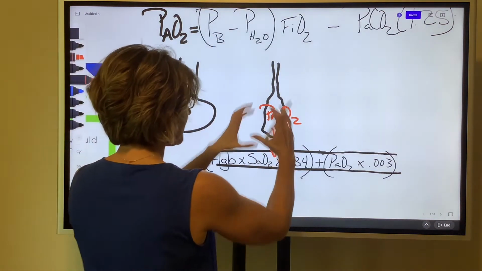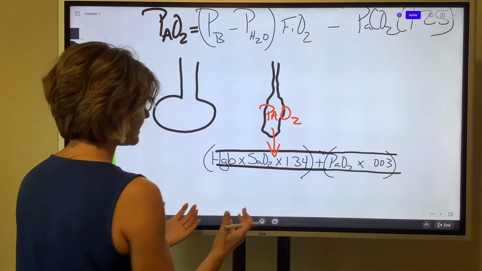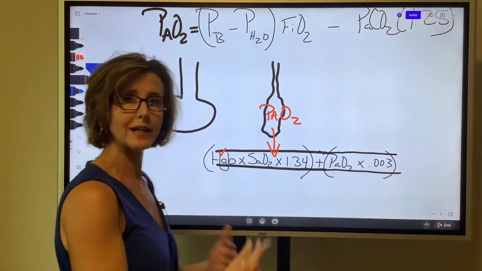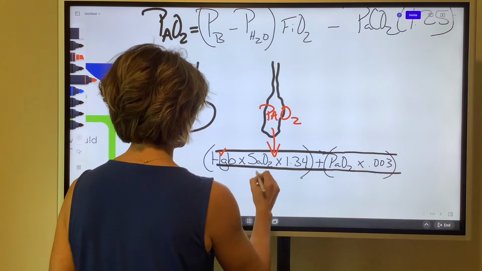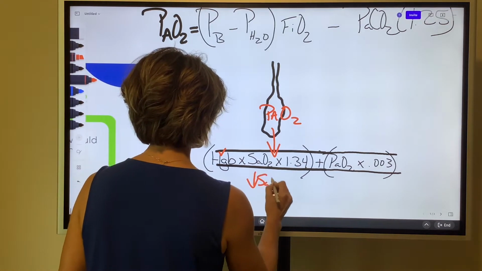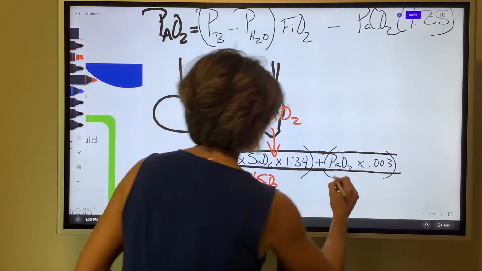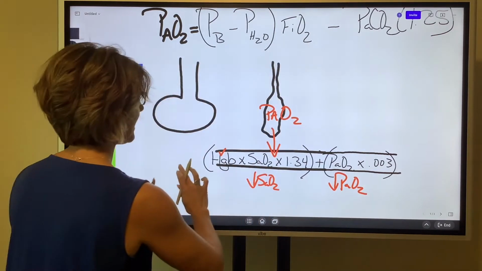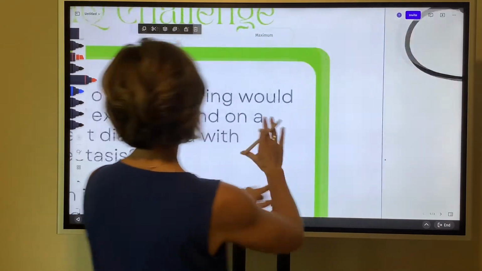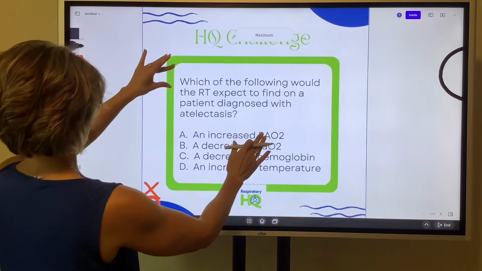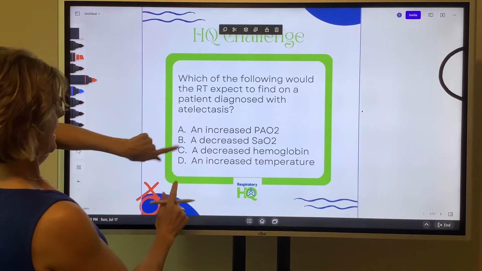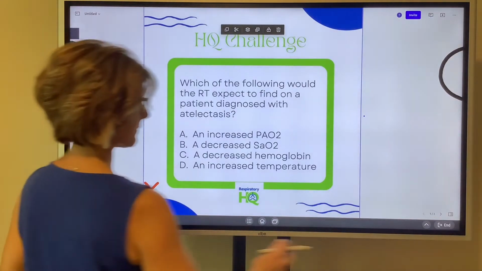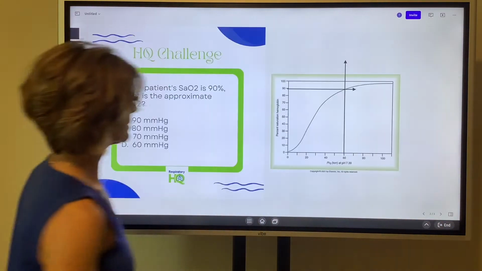So in these atelectatic areas, while our hemoglobin may be normal, our saturations will be lower. So we'll have a lower SaO2 and more than likely a lower PaO2. So that's why, looking at this situation, they're going to have a decreased SAT. Okay? So that's the first question.